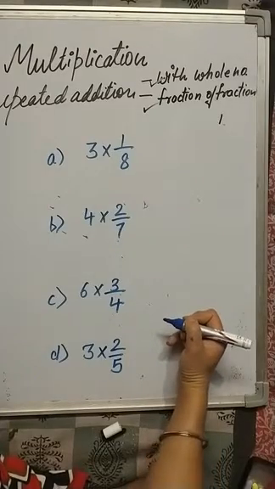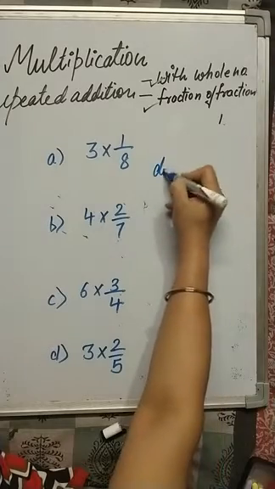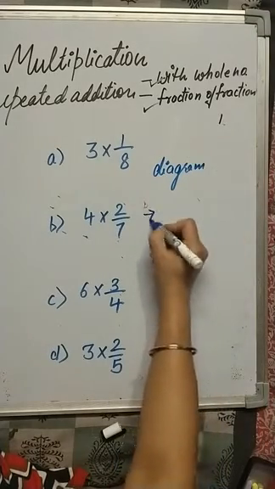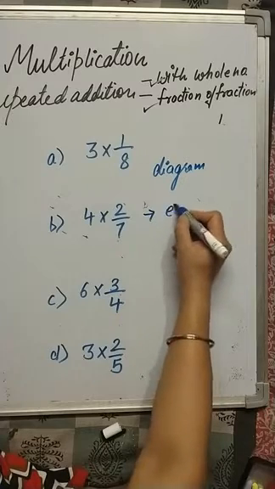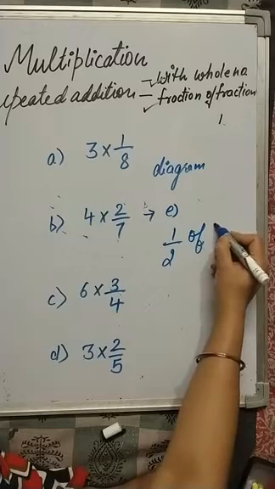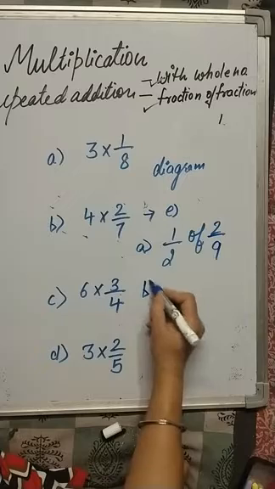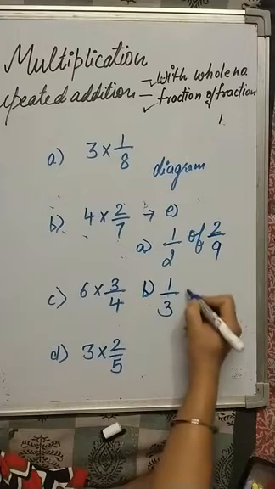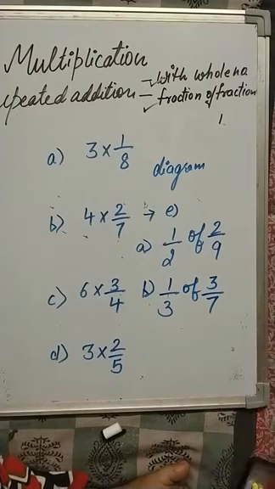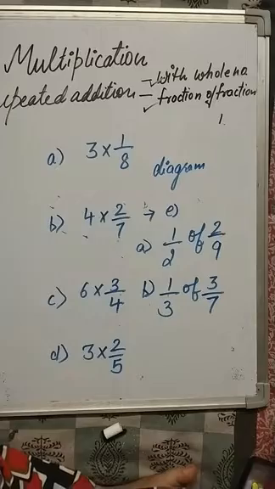And you have to write another way of writing it, but for now, just solve it with a diagram. Okay, you have to draw a diagram for it. Similarly, you will be doing the E part, half of 2/9. You have to draw a diagram for this, and also 1/3 of 3/7. Okay, so you will be doing these questions in your notebook.